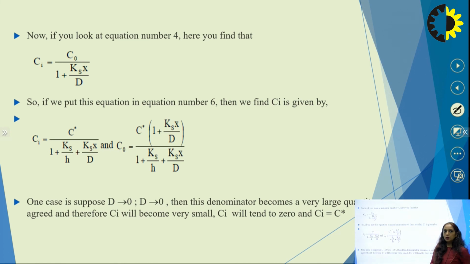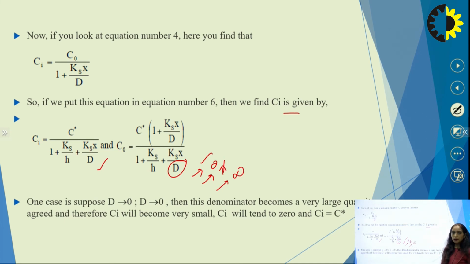Now if you look at the equation, Ci is equal to C naught divided by 1 plus Ks X divided by D. If we put this equation in equation 6, we are going to find Ci. Now we can have n number of cases, where the value of D approaches 0, approaches 1, or approaches infinity.